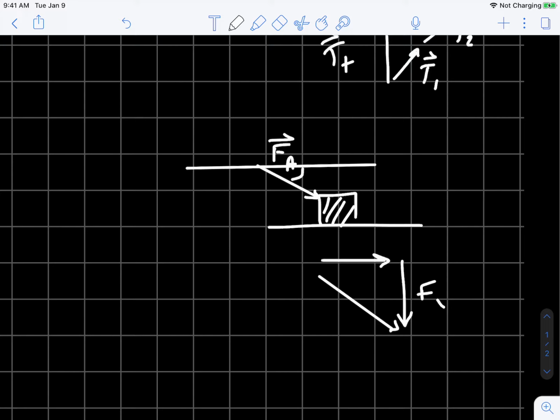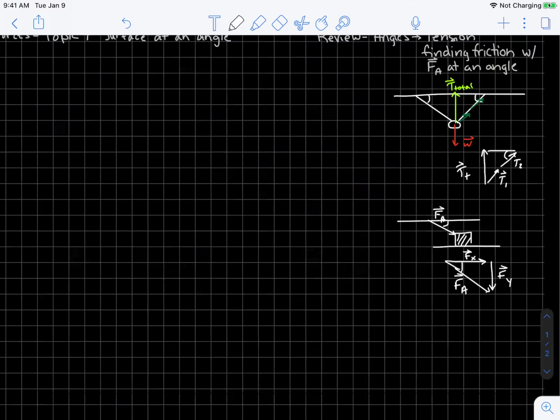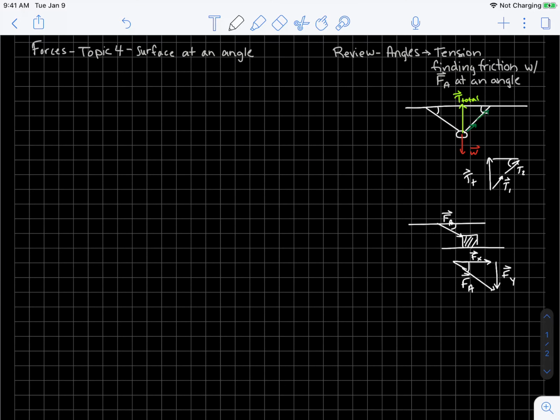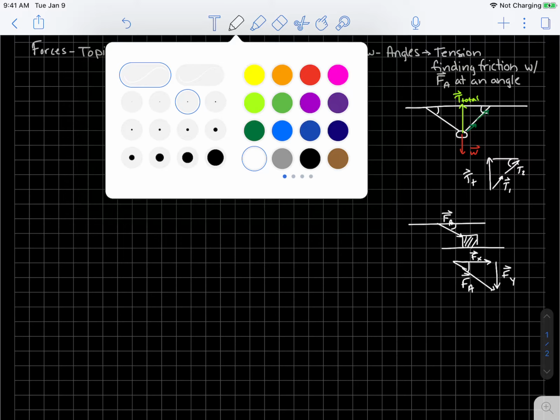So Fy, Fx, angle, and then Fa. So those were your two angle problems that we've done so far. But now we're going to look at changing the surface and putting the surface at an angle and seeing how that affects the problem.